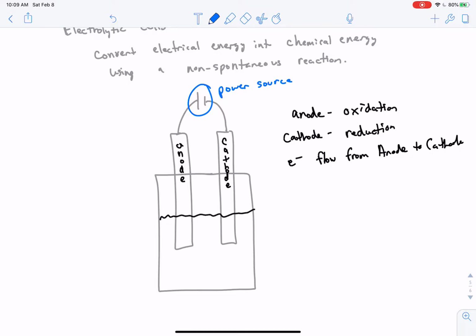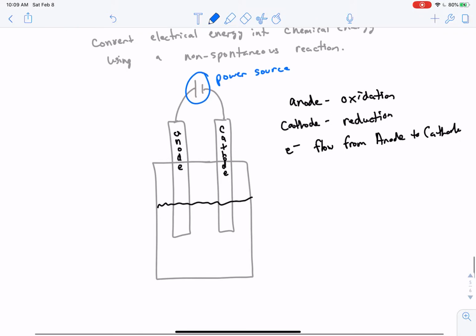And so for the anode, we want oxidation. So we want them to lose electrons. So in this case, what charge is the anode going to be to force species to give up their electrons to the anode? Positive. So in this case, it is positive, and the cathode here is negative.